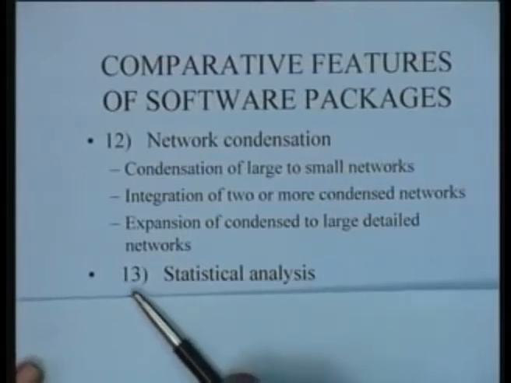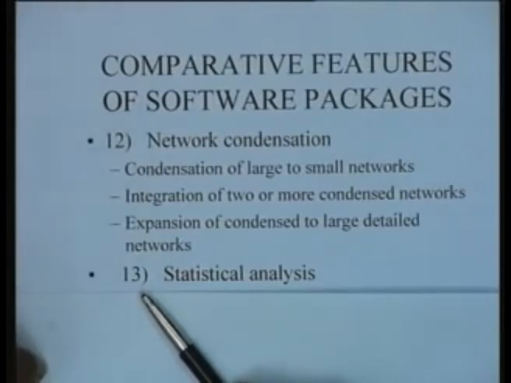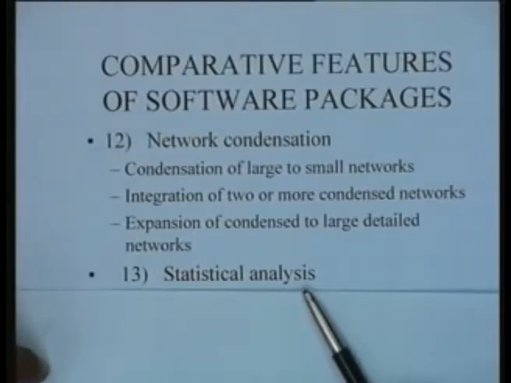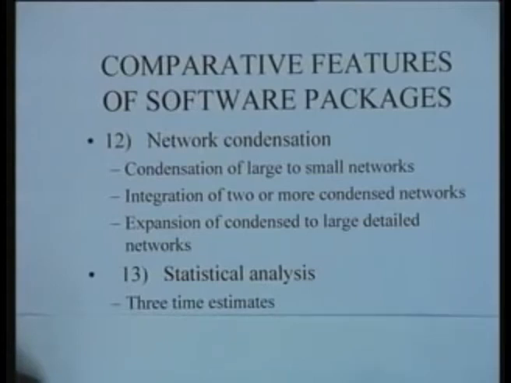The next feature which could be there in project statistical software is the ability to do statistical analysis. Typically, when they talk about statistical analysis, the common thing that is done is the 3 time estimates of PERT and the normal distribution and the probability estimates for various kinds of project completion times.